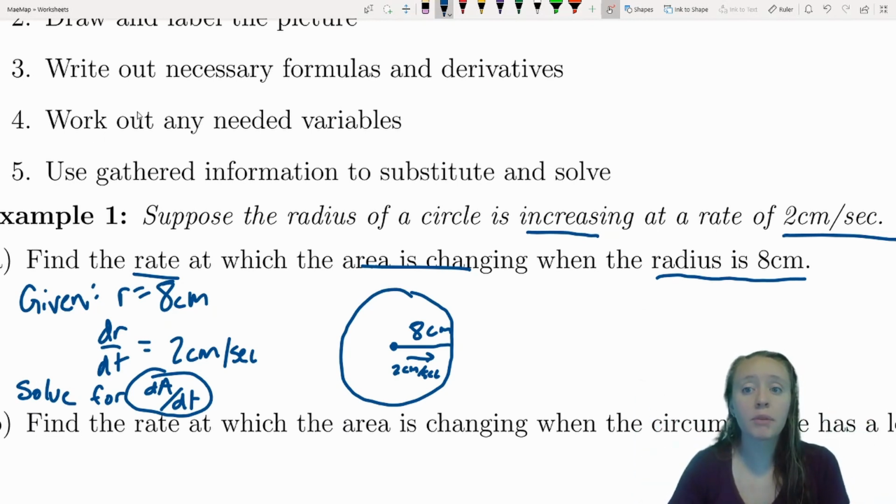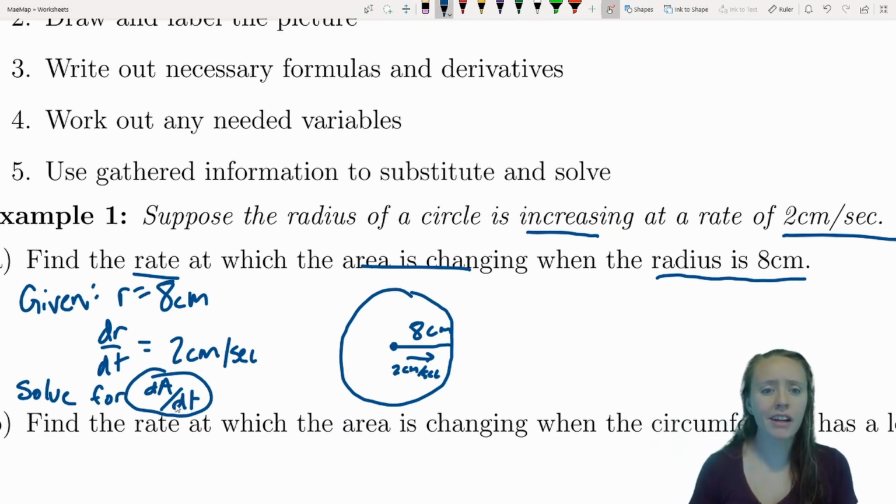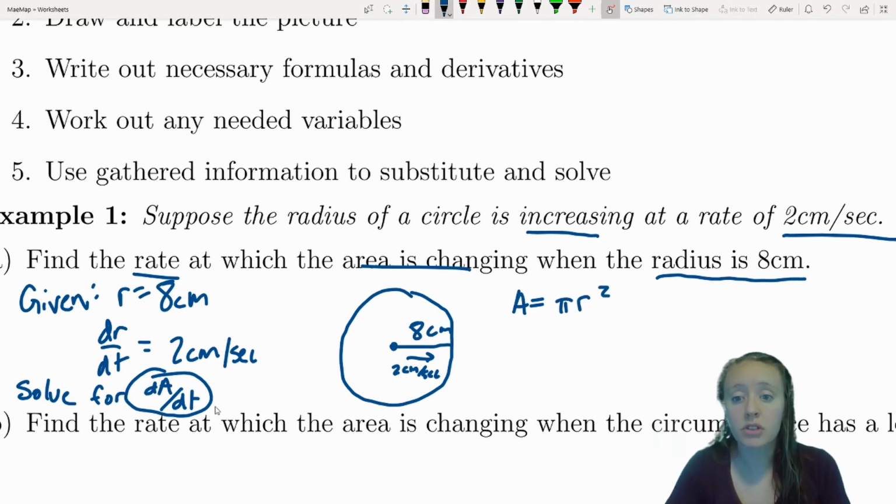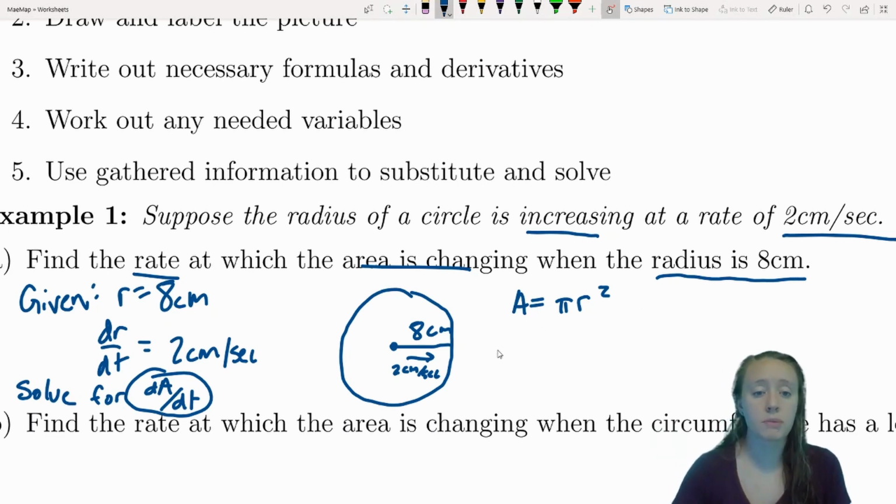Now for step 3, I'm going to write out the necessary formulas. If I need to solve for dA/dt, I need to have area somehow involved in this problem. An easy formula to start with is that the area of a circle equals pi r squared. I'm trying to solve for dA/dt, so I'm going to take the derivative with respect to time.